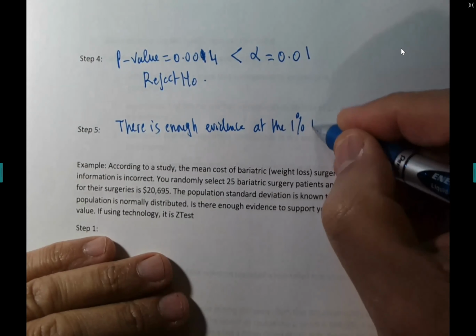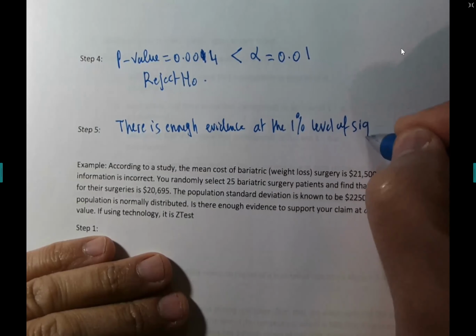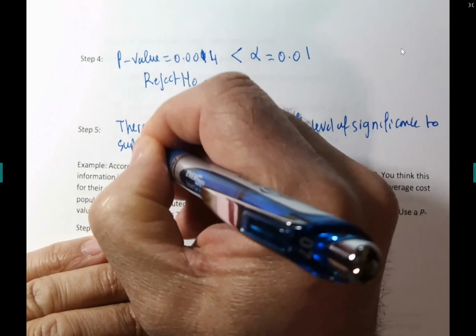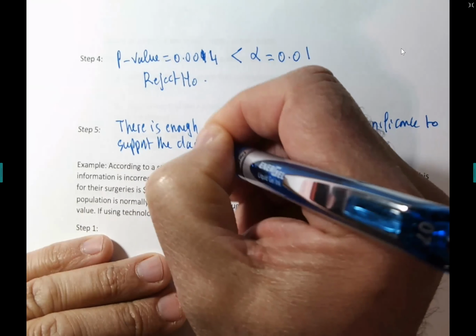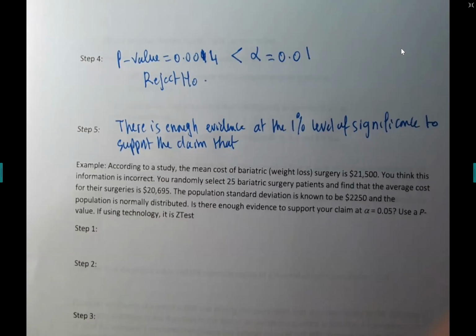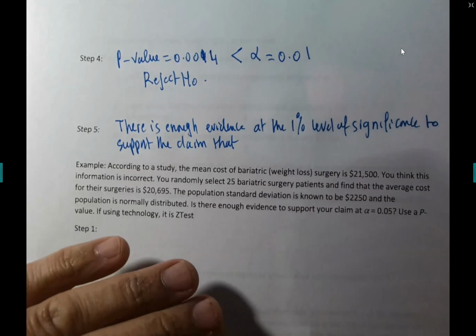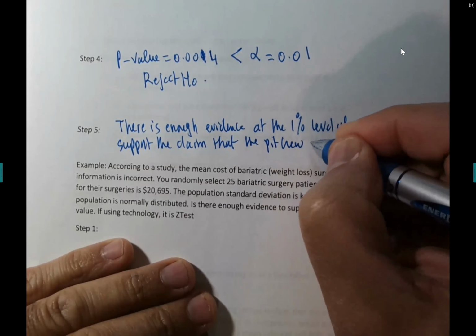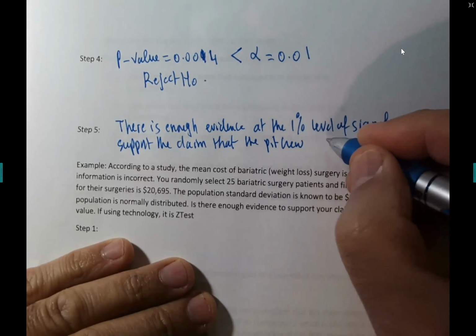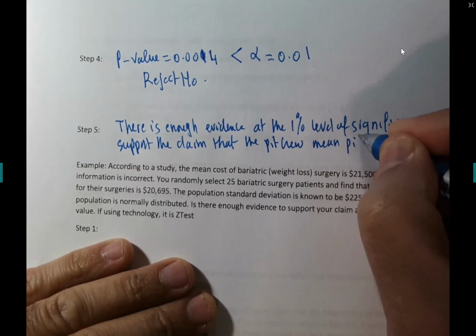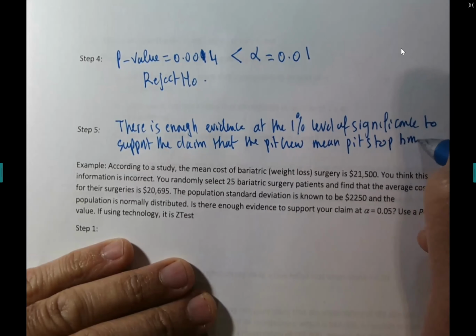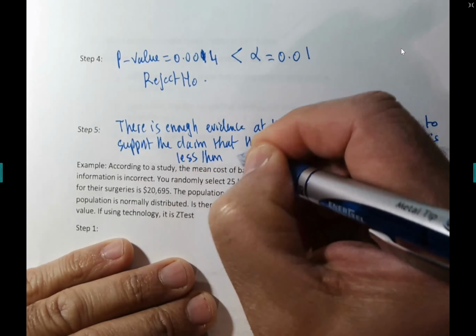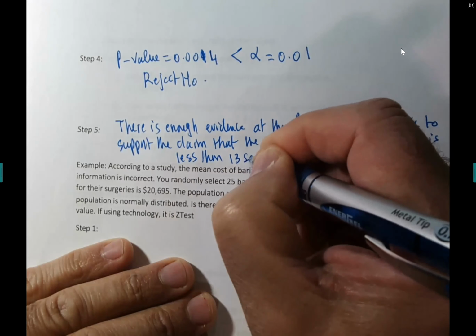So at the 1% level of significance, there is enough evidence to support the claim that, and I'm just going to copy it and paste it, the pit crew mean pit stop time is less than, what was it, 13 seconds.